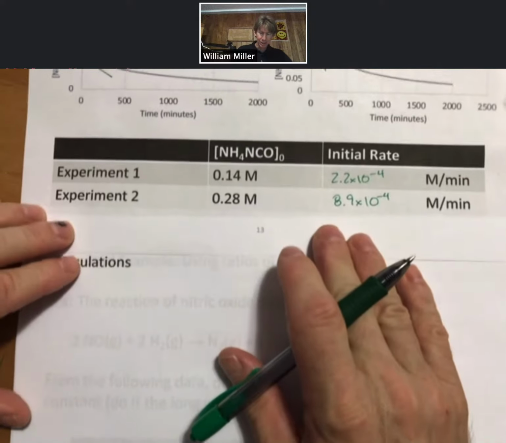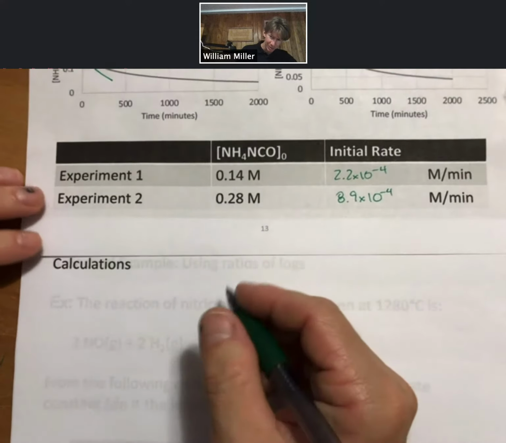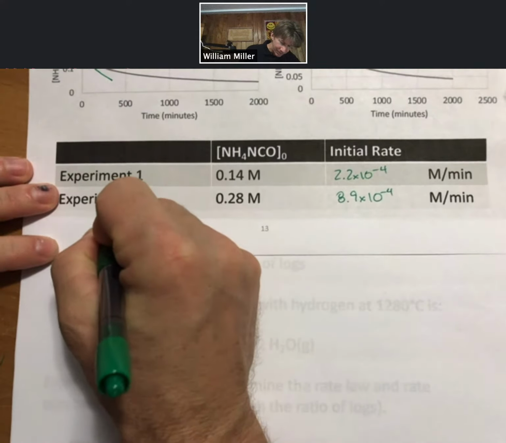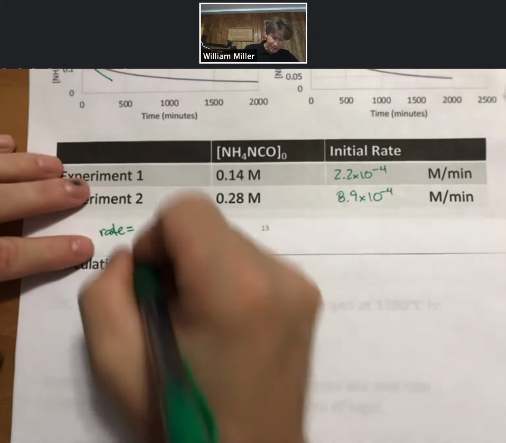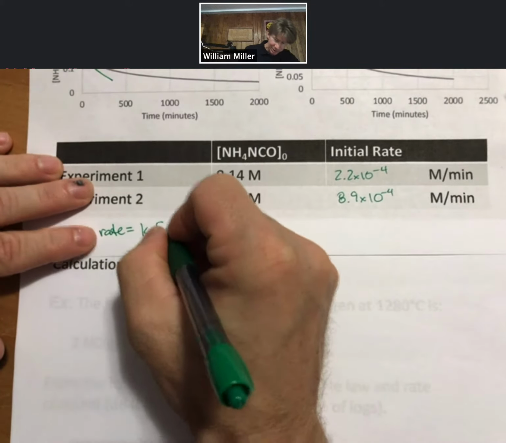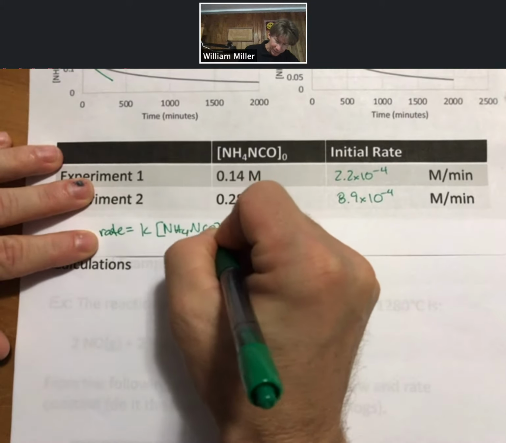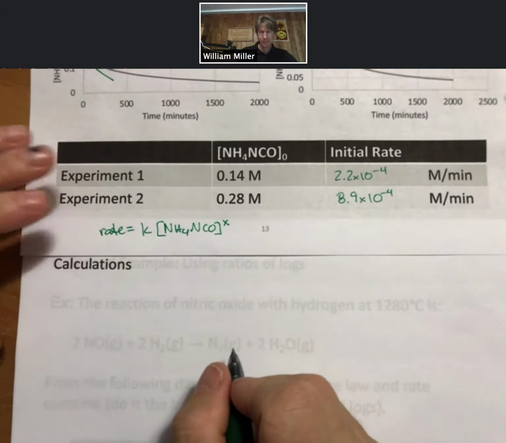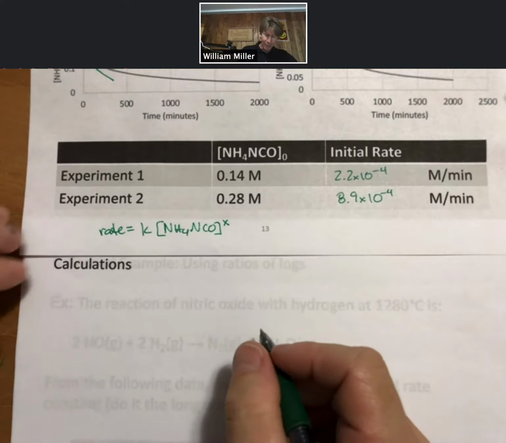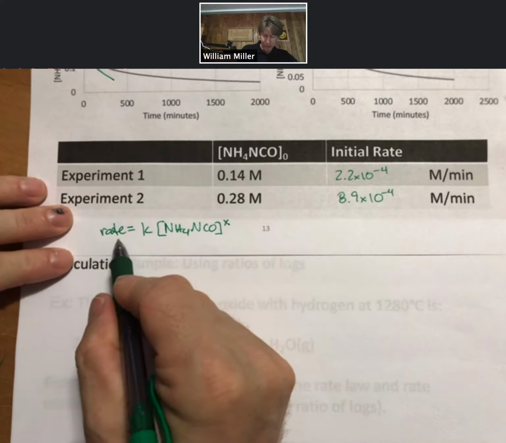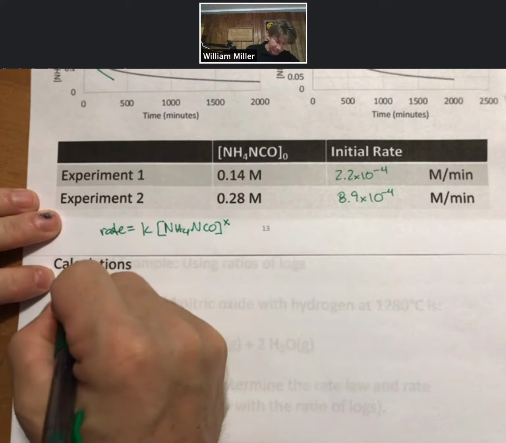Now on to calculations. Let me write the experimental rate law here. Rate equals k times the concentration of NH4NCO to the x. What we're going to do is quite literally plug into this for experiment 1.